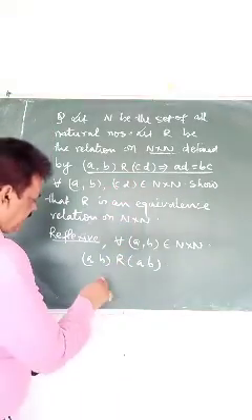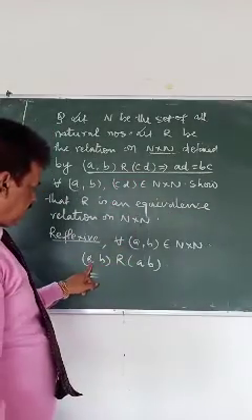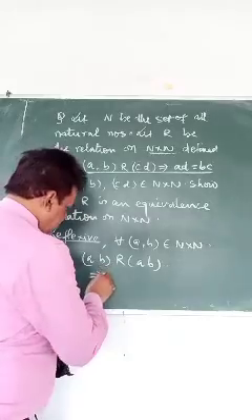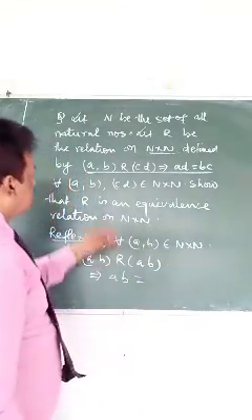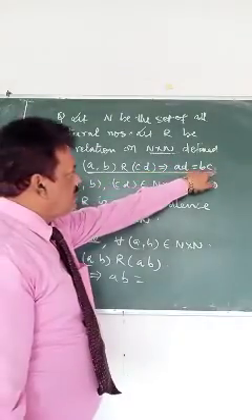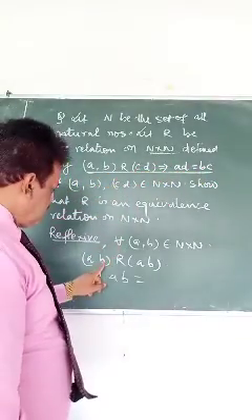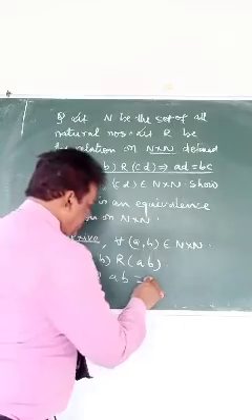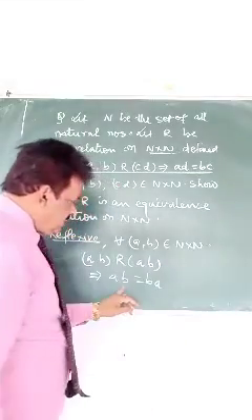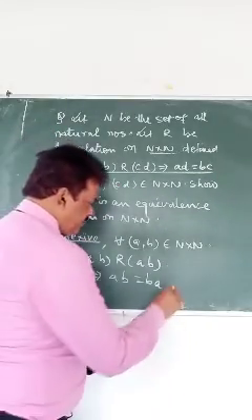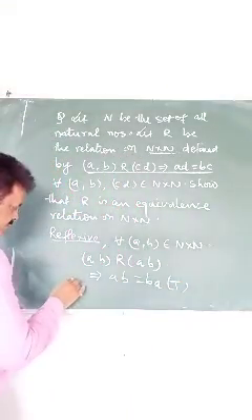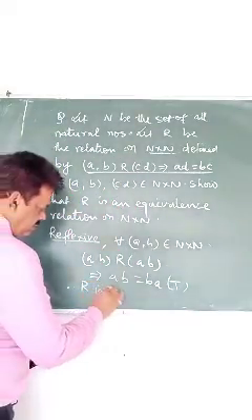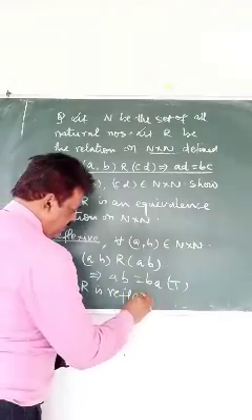So here it will be first-last, ab, equals second-third, which is ba. We know ab is equal to ba. So true. Therefore R is reflexive.